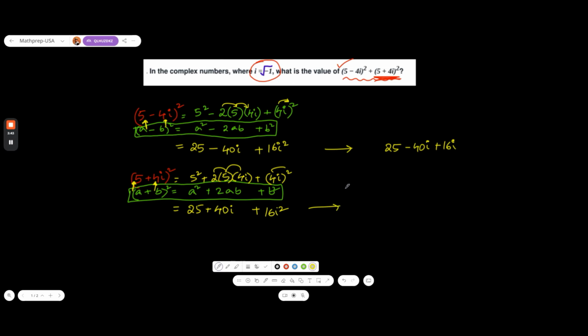Okay, so you're asked to add these two. You can see that these two are to be added. So let me write one under the other. This is plus 40i plus 16i square. My bad, I forgot to put the square here. Okay, when you combine these two, I see that 25 and 25 give me 50.